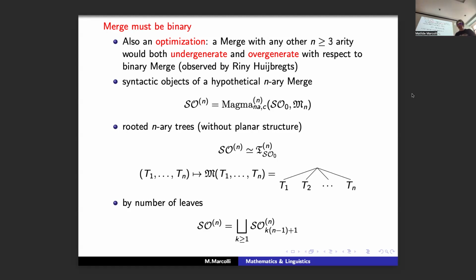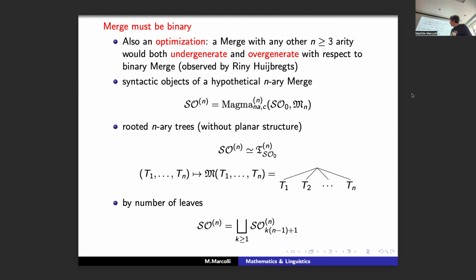First of all, that would define for you a magma on a single n-ary operation rather than a binary operation. You can define such a thing in the same way: you start with your set of generators, and then you repeatedly apply this n-ary merge. This is the magma that generates the rooted n-ary trees, with leaves decorated by the same set.